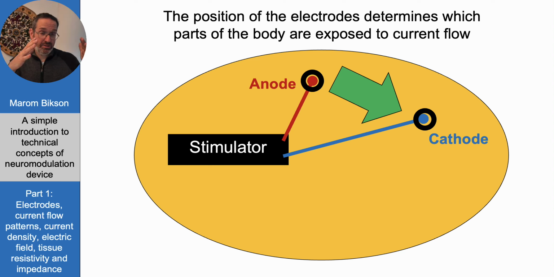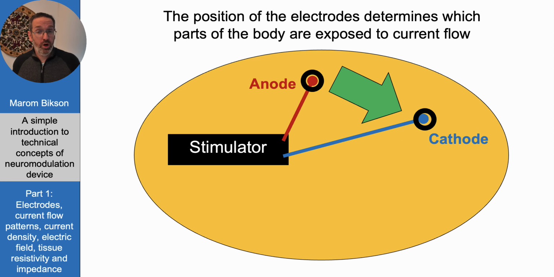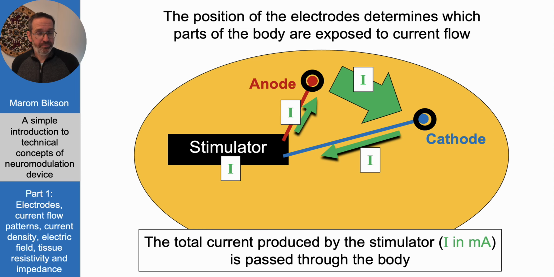And when we move these electrodes around, we move where current flows through the body, right? So this is the simple principle of where we place the electrodes will influence what part of the body we stimulate, because to first approximation, current will simply flow from one electrode, the anode, to the other, the cathode, and stimulate the parts of the body that are in between.